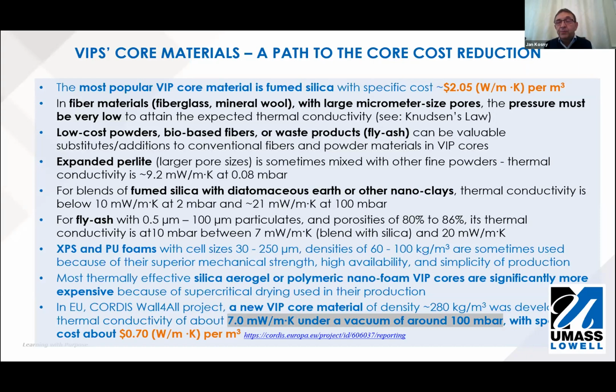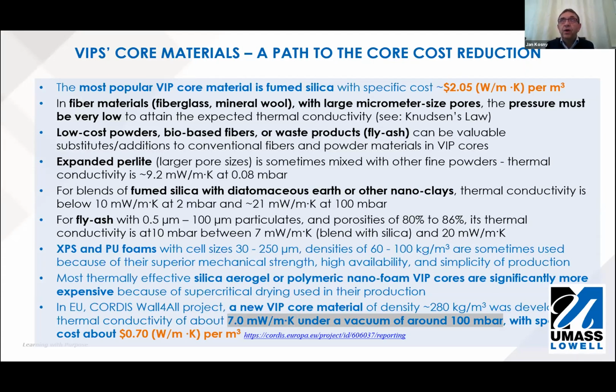Another group of very inexpensive potential core materials are foam materials, open cell foams. Very popular, very inexpensive, easy to produce. The problem is that they have pores in the size of 200, 300, even over 300 microns. That means they require a huge amount of vacuum.